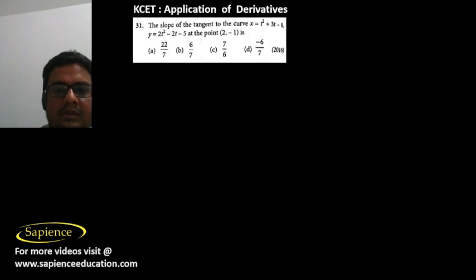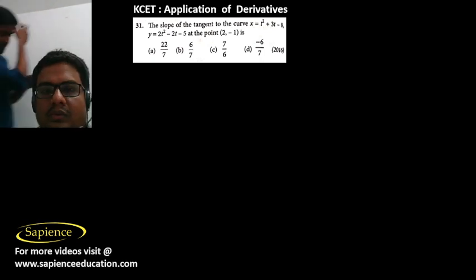In question number 31, it is told the slope of the tangent to this curve at the point this one is.